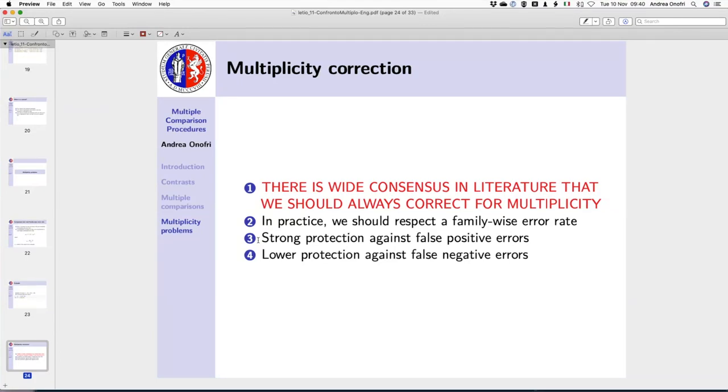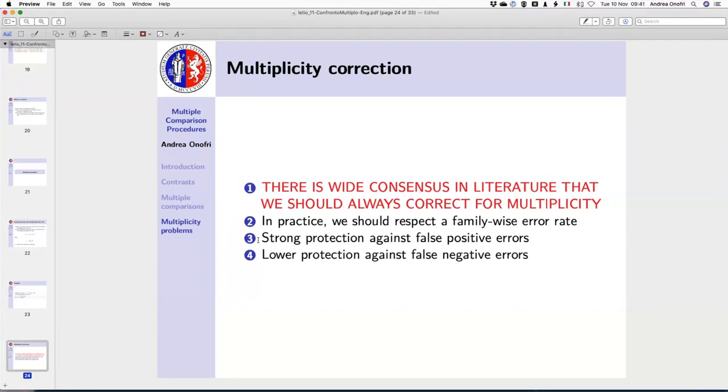If you go publish some manuscript and if you have used a multiple comparison procedure, if you have not adjusted for multiplicity, the reviewer is going to complain with very high probability because there is wide consensus that we should correct. So, in practice, we should respect a family-wise error rate, which leads to strong protection against false positive errors.